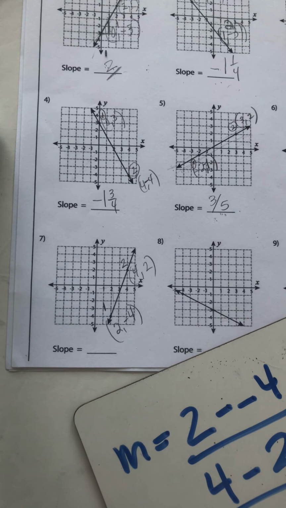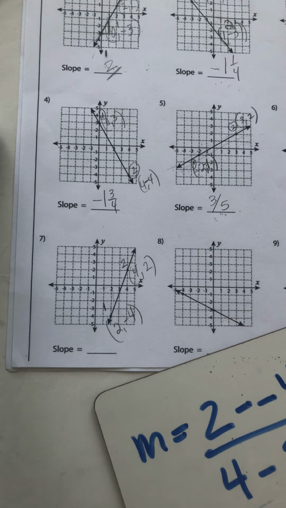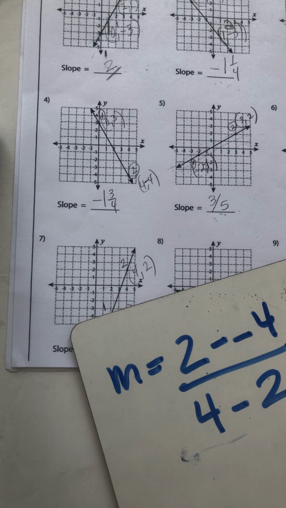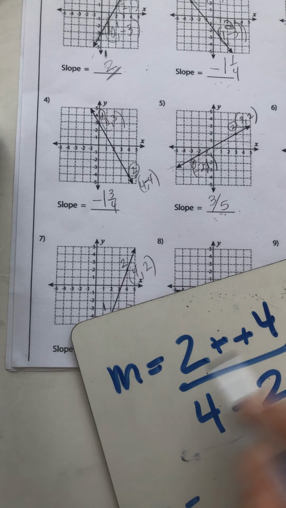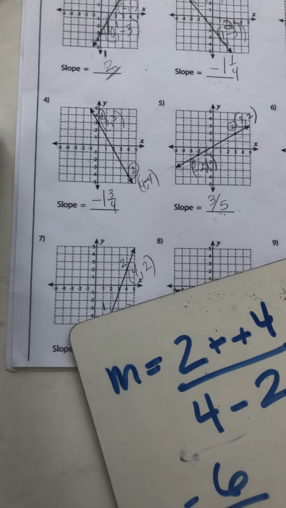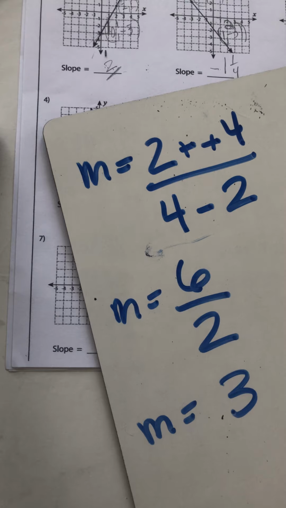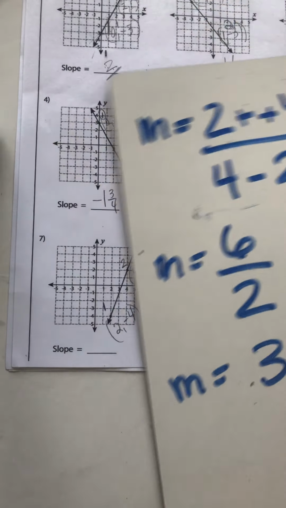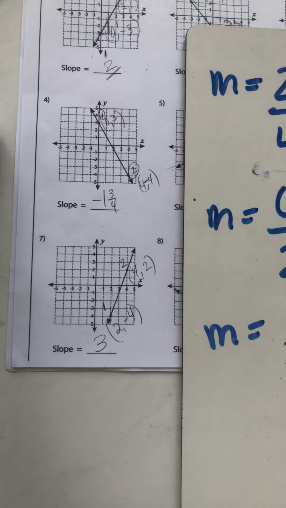All right, so I should have m equals 2 minus -4 over 4 minus 2. Let's see what happens. So this becomes positive, so that's 6 over 2, m equals 3. So our slope is even steeper here. It's even more than this first one. So the slope here is 3.